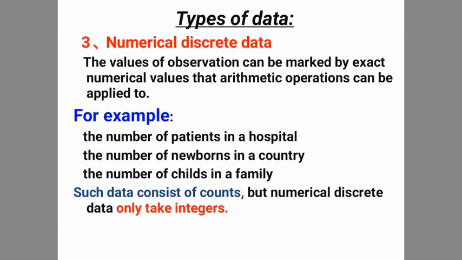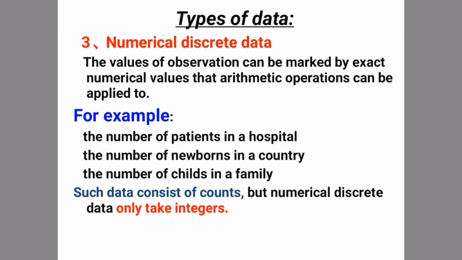But for numerical data, the value of observations is marked by exact numerical values. According to whether the exact numerical value has decimals or not, numerical data is divided into two types. One is numerical discrete data, and the other is numerical continuous data.